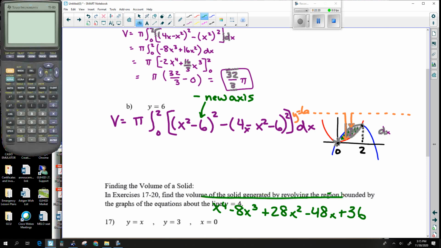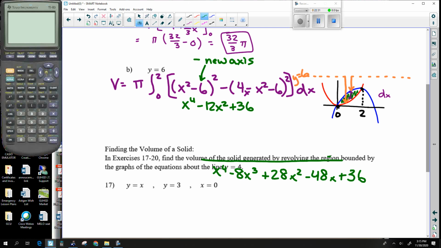I'm going to square this second piece, which is x to the fourth minus 12x squared plus 36. Now, note that this long polynomial is technically negative, so it's going to be negative all this stuff.